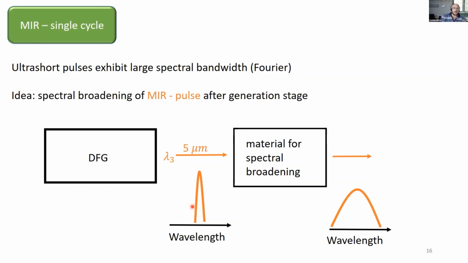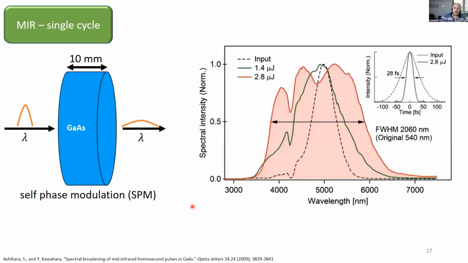And you can do this broadening in semiconductors. Okay, and there are some examples in the literature in which you can exploit the propagation in a standard semiconductor to broaden the pulse in order to achieve octave spanning spectra that translates in having the single cycle pulse that might be needed for your applications. Okay.